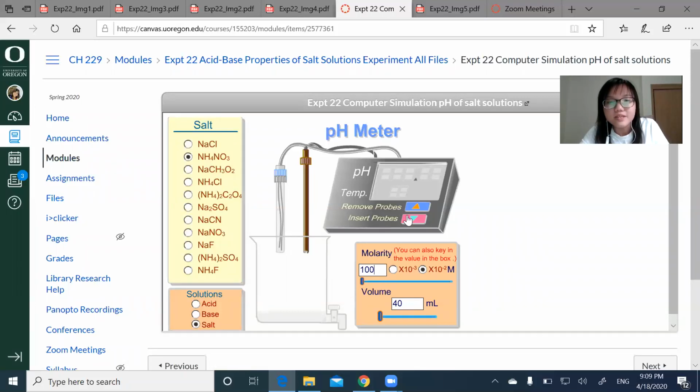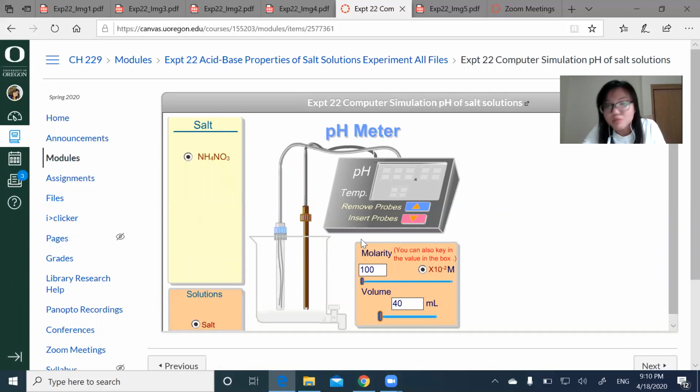So you click on the salt, the volume, and the molarity, then hit insert probes, and note down the pH that you are seeing. I'm seeing 4.62. Yeah, so this is all you need to do.